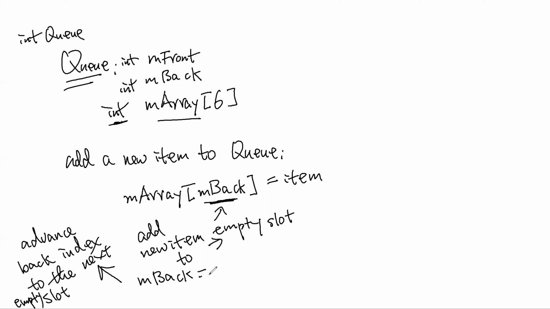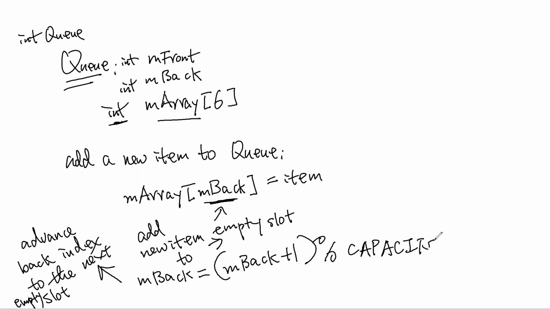So how do we do it? It's M back plus 1, that's the next empty one. But because of the circular array, we let it module capacity. Basically, this is how you add a new item to the queue.